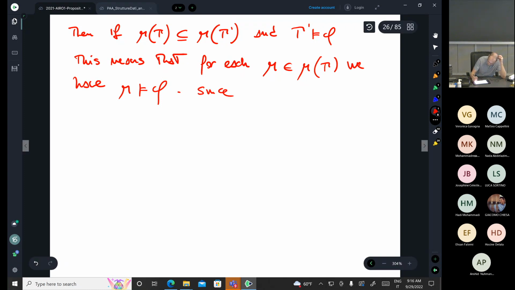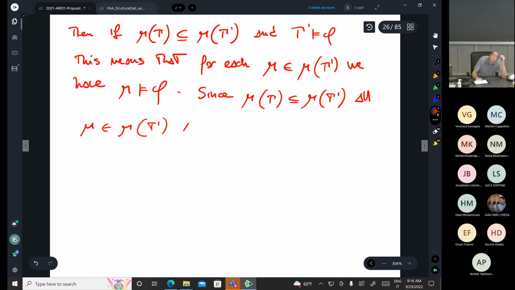And since mu of gamma is a subset of mu of gamma prime, all mu in mu of gamma are also in mu of gamma prime.